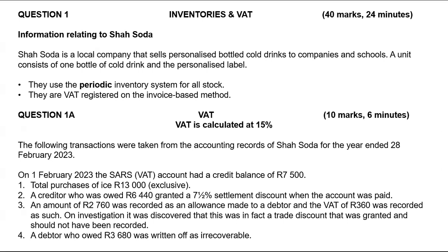Debtors allowances, what is it? Automatically you need to know debtors allowances is a reduction of sales. But in short, debtors allowances is actually an expense. So that 360 was recorded as VAT input. You got that? And that was totally wrong. So we need to correct it.